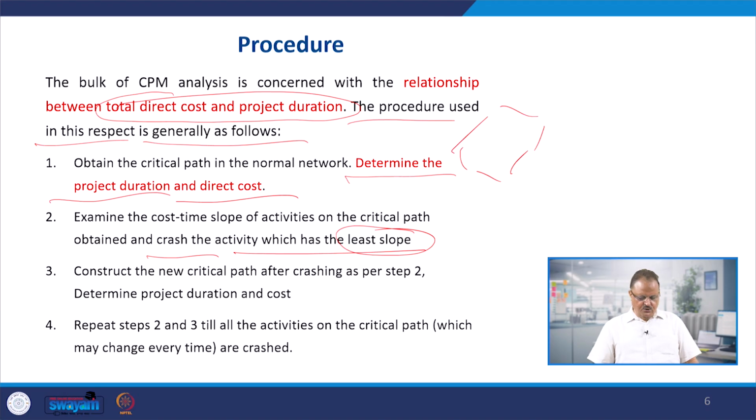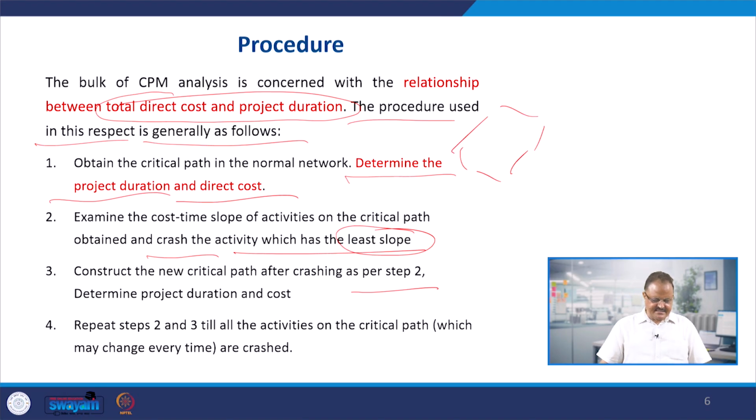Then construct the new critical path after crashing as per step 2, and determine the project's duration and the cost. Continue repeating steps 2 and 3 till all the activities on the critical path are crashed, and finally the final critical path is found with the minimum duration and minimum cost.